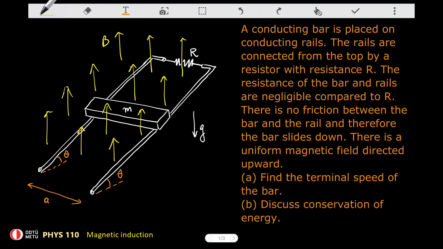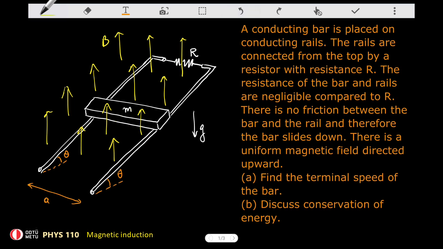Let me just say it like this. I'm not going to say friction, but of course it's more like friction because there's actually a dissipation of energy in here. But we are going to come back to the energy discussion at the very end, right? So as a result, there's a uniform acceleration, of course, if there was no induction. So then there will be a g sine theta acceleration downward.